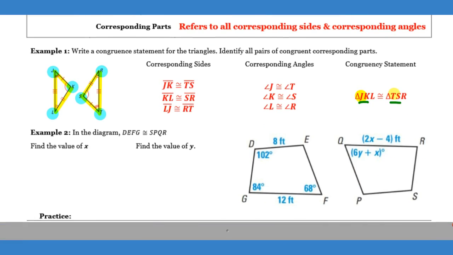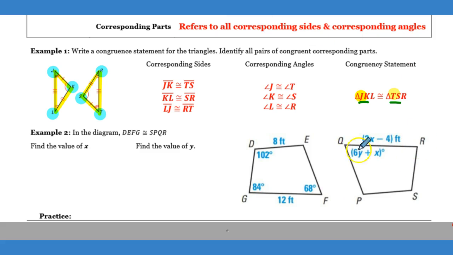Okay? Example 2. We want to find the value of x and we want to find the value of y. I've been given that these two shapes are congruent. Because I know that the congruent parts are lined up, I just need to figure out where the x is that I want to use.